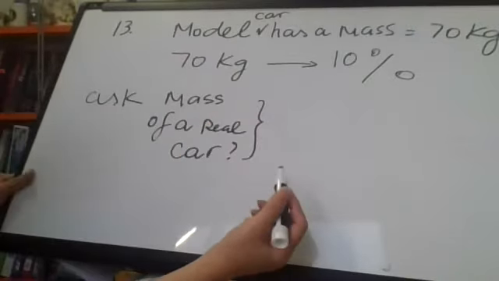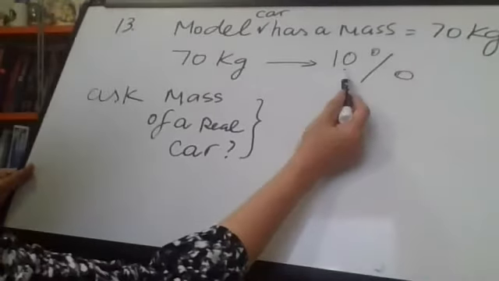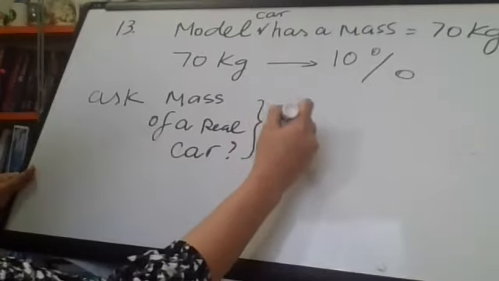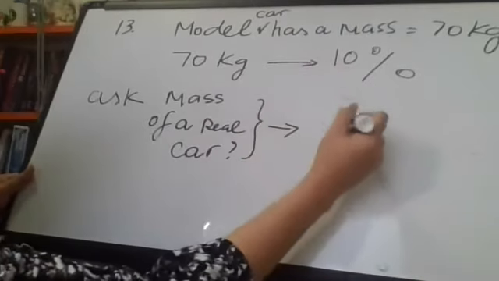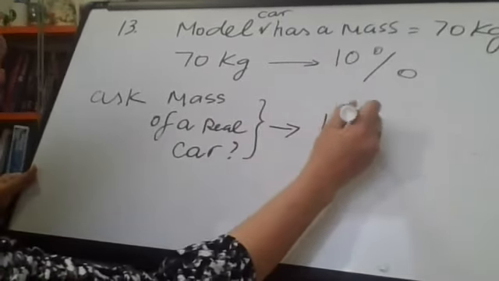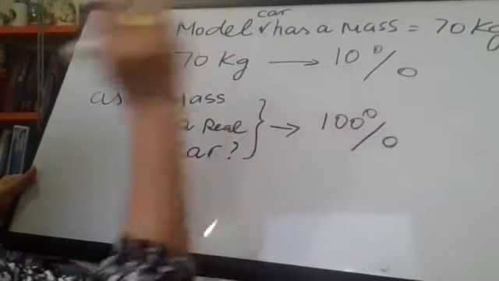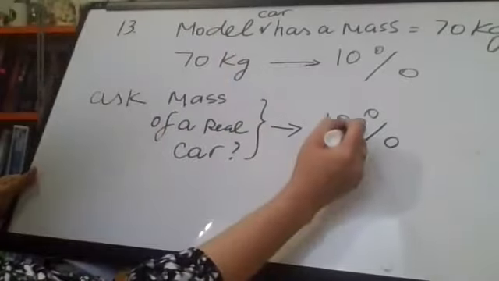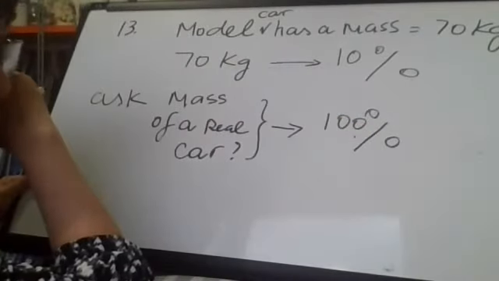Now you must know that if this is only 10% of a real car, then of course the real car will be 100% of the mass. So 10% mass is 70 kilograms. So what will 100% mass be?